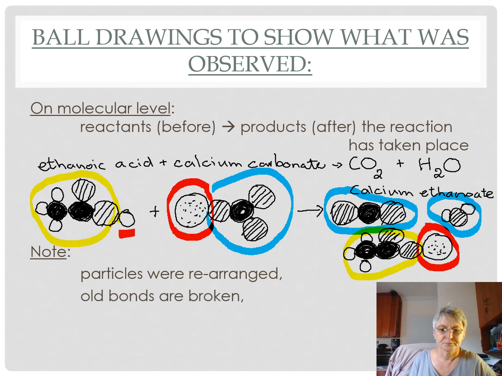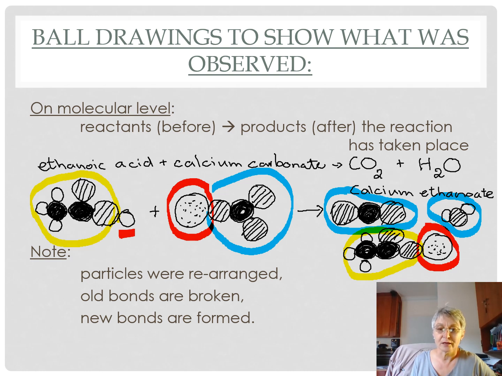Right. So the old bonds were broken in this reaction and new bonds were formed. I want you to hear that during a chemical change, old bonds are broken, new bonds are formed, so we say that the particles are rearranged.